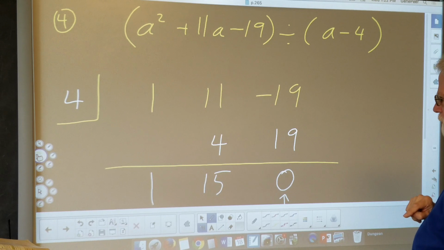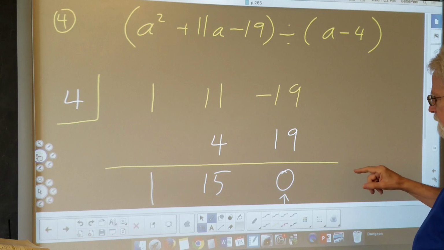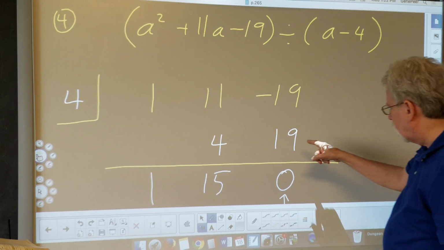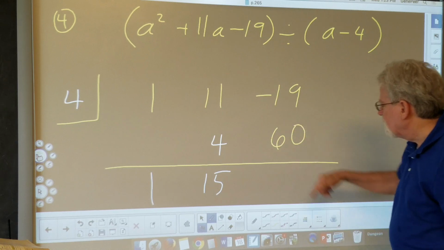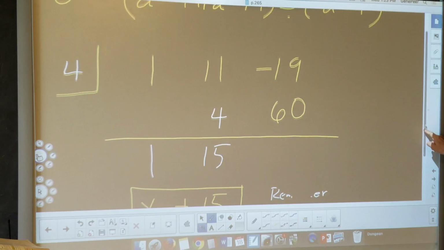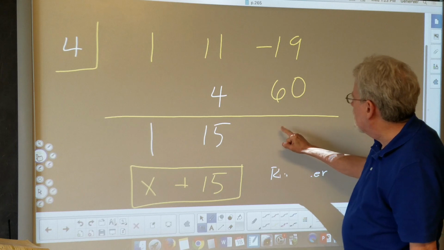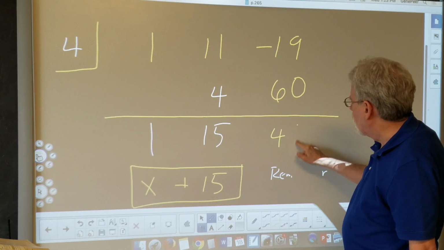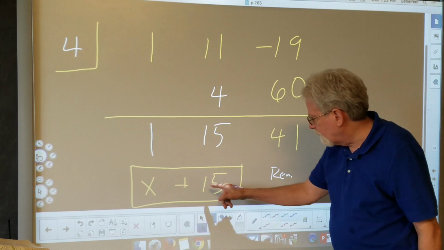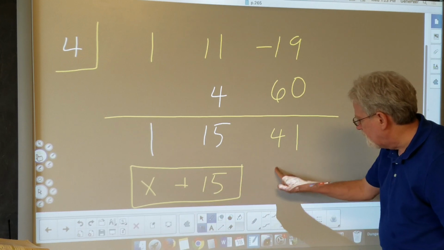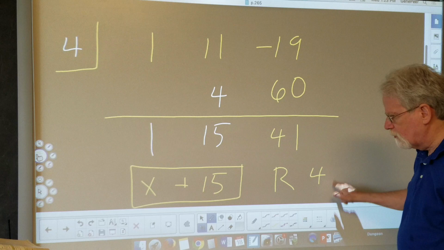What in the world did I do? 1 times 4, 4, 15, 15, 4 times 4 is 60. I do not know what I was thinking there. That's going to be a 60. 60 minus 19 being what? 41, rather. So my answer here was incorrect. It's x plus 15 with a remainder of 41.